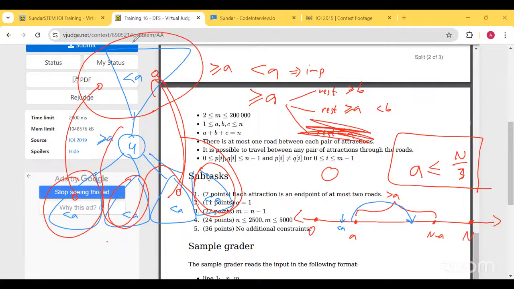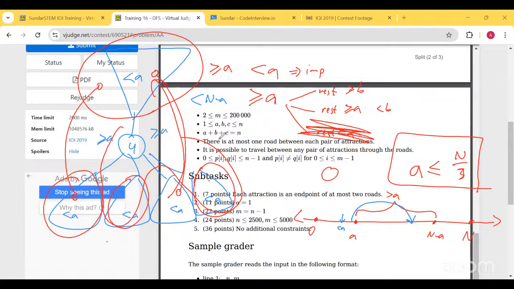It means this group, if it cannot exceed a, so okay, it is impossible. But if it can exceed a, then the size is always less than n minus a, right? If this is less than n minus a, it means this group is always greater than or equal to a.